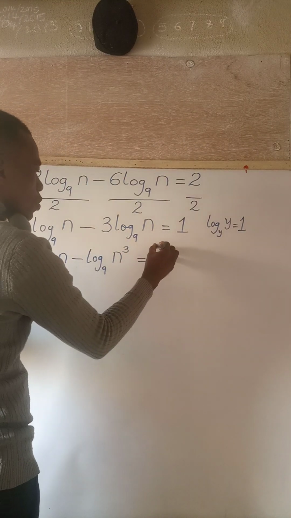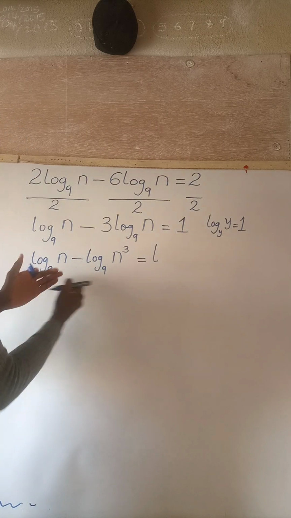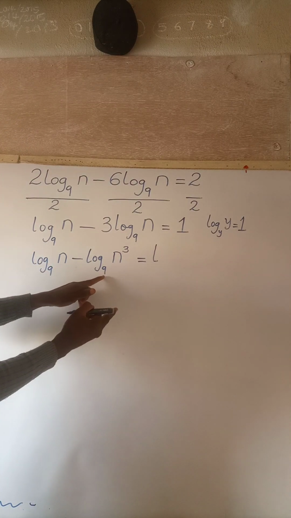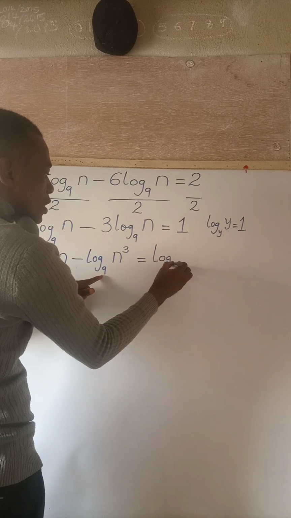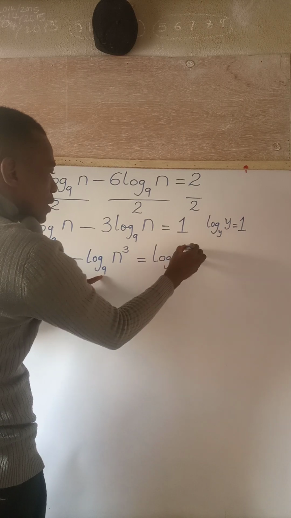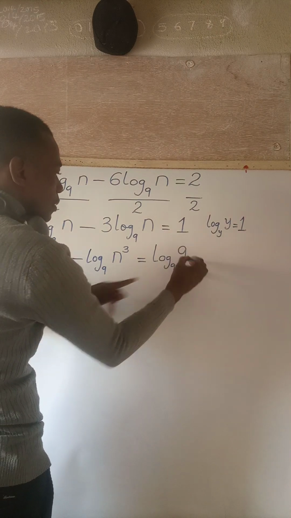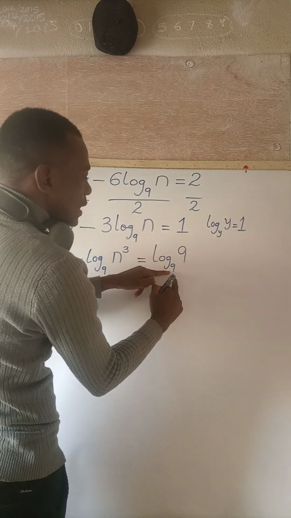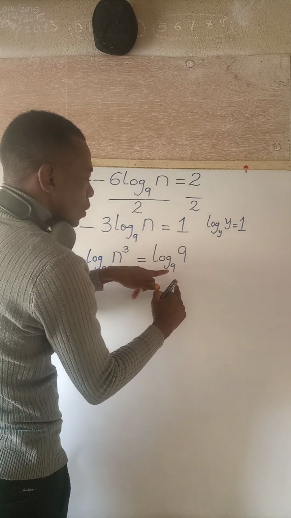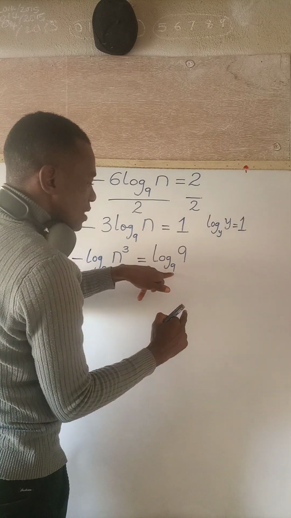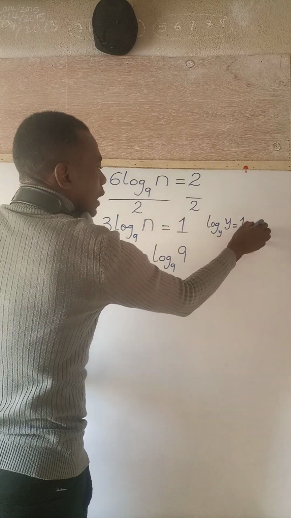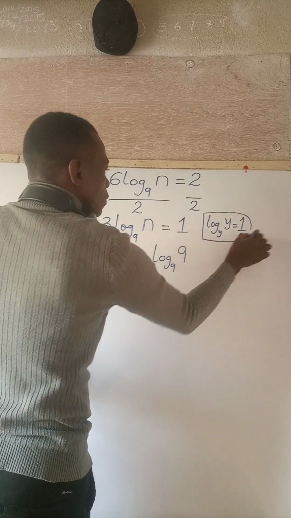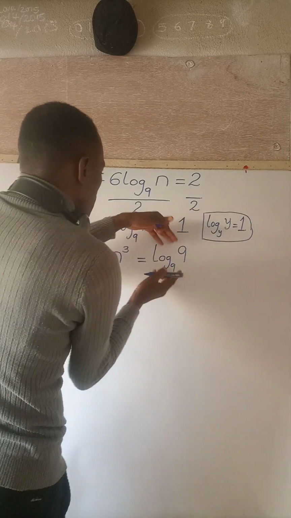Since the base in the question is 9, the number will now be 9, because log of 9 in base 9 will give us 1, according to that rule. So we are going to substitute it with this.